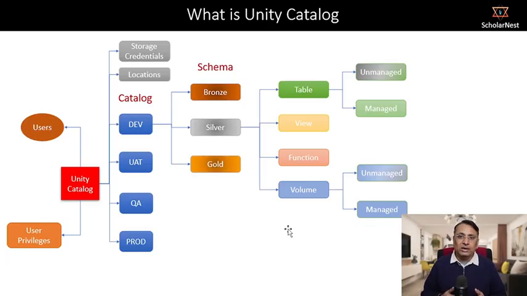How to set up Unity Catalog, how to set up tables, views, functions, volumes, your locations, storage credentials, how to create catalogs, how to import users, how to give privileges, all that we are going to learn in this section with appropriate examples. So that once you know all that, once you see those things working, it will make a little more sense. So that's all for this lecture.